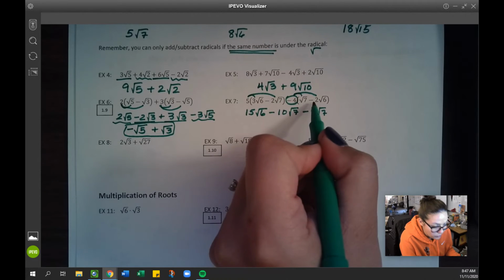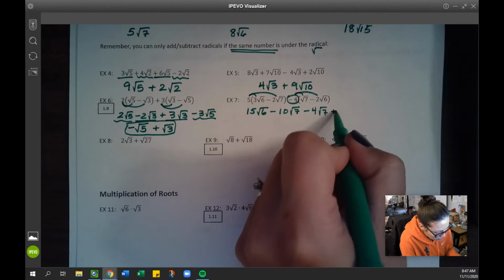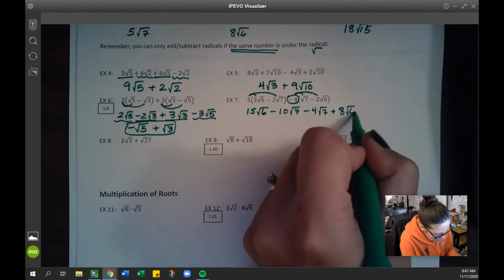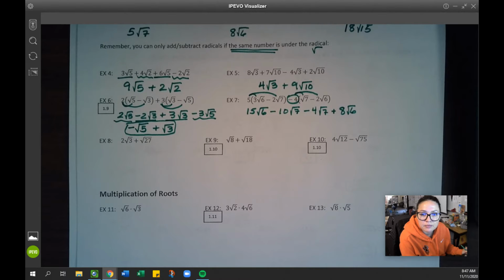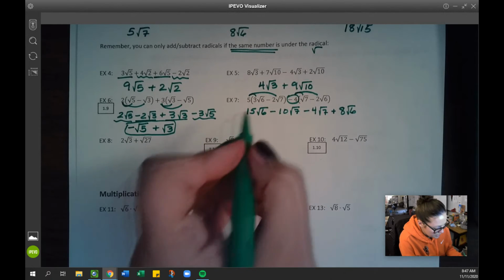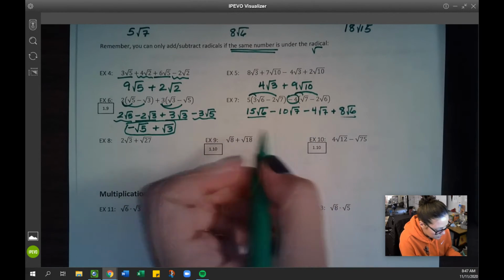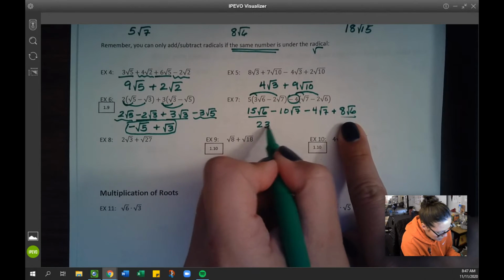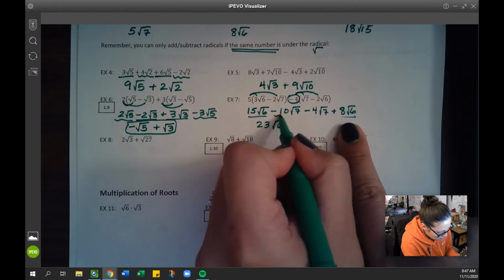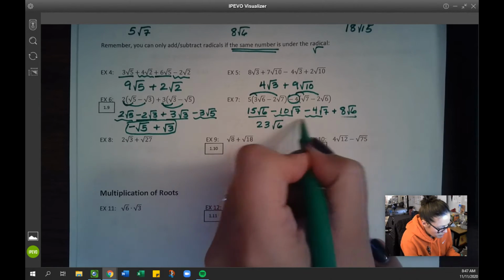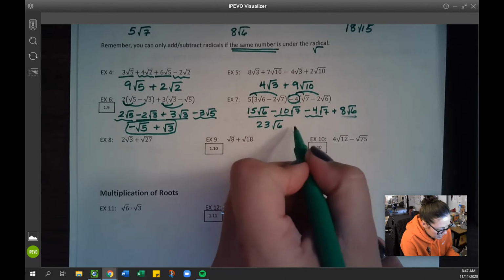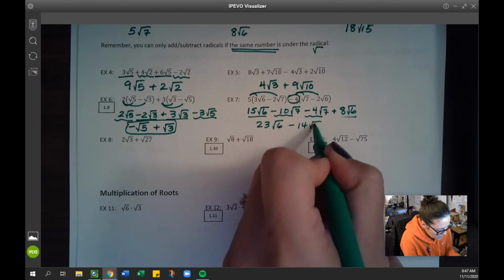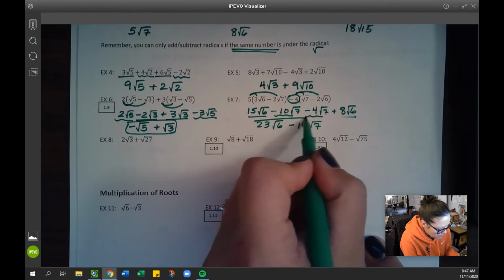And when I do negative 4 times negative 2, that gives me plus 8 square roots of 6. And again, I can combine the like radicals together. So 15 plus 8 gives me 23 square roots of 6. Negative 10 and negative 4 gives me negative 14 square roots of 7.